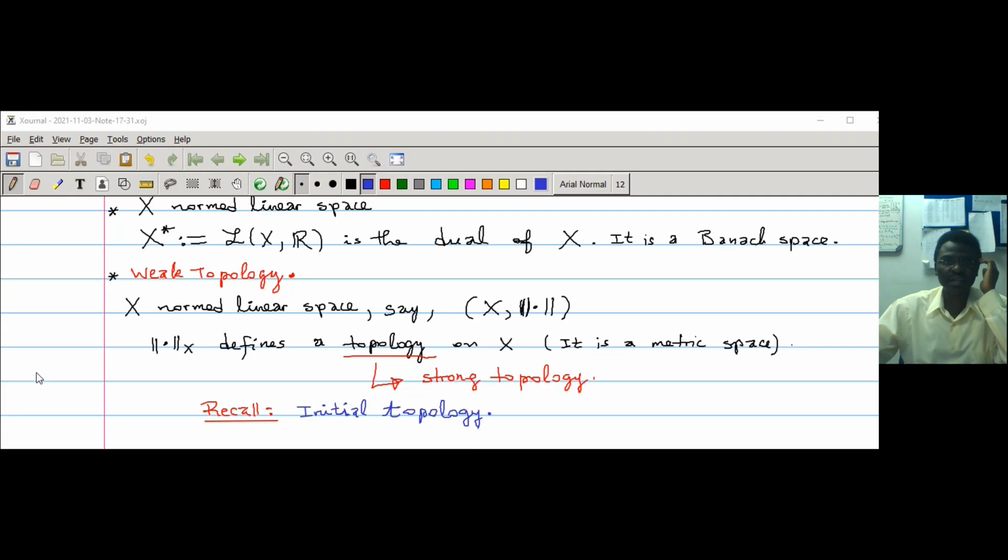And from that, we define a family of mappings, right?